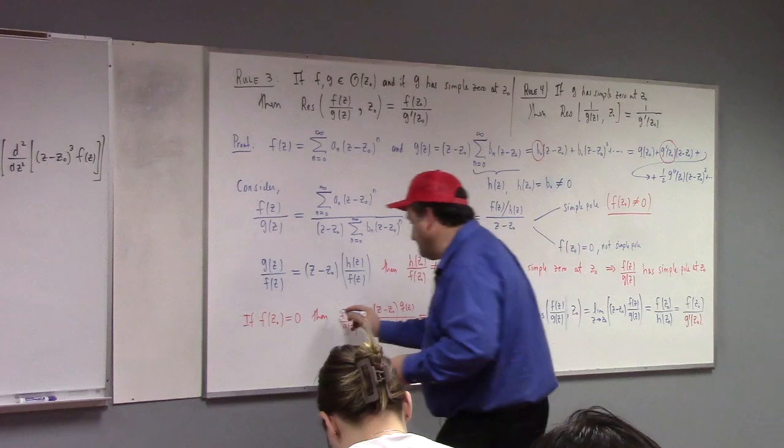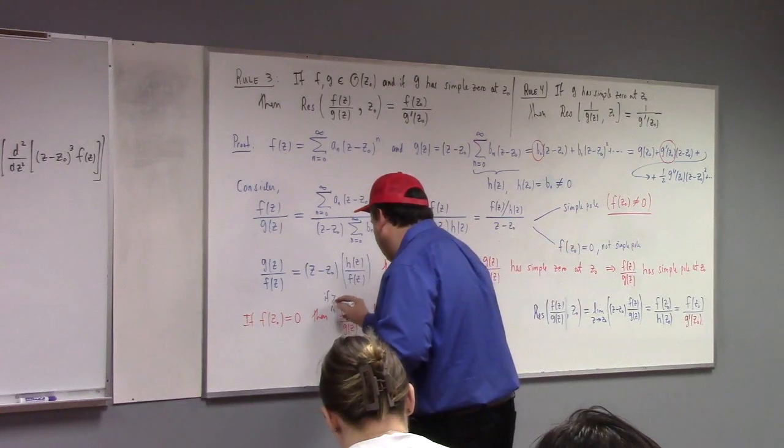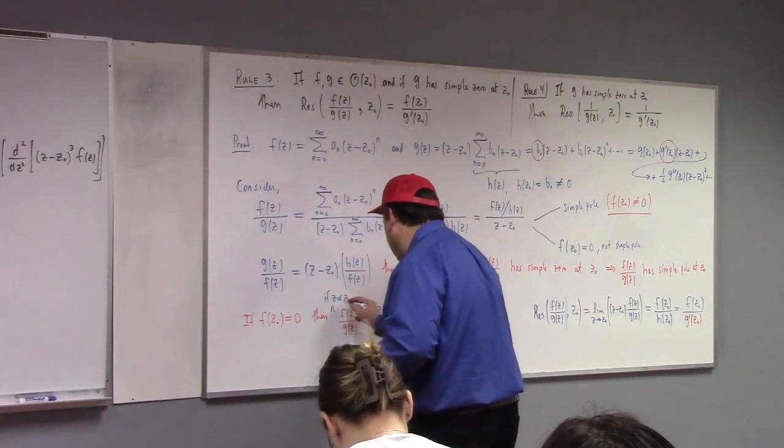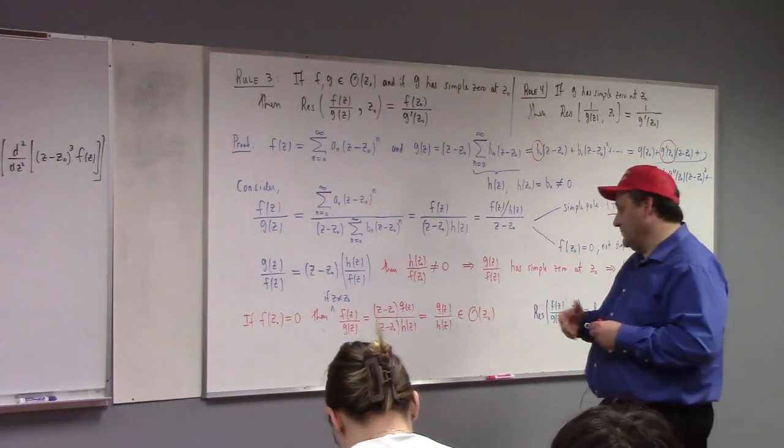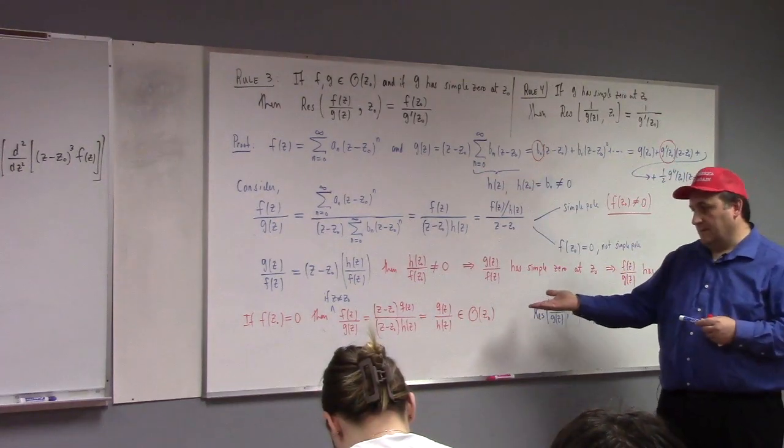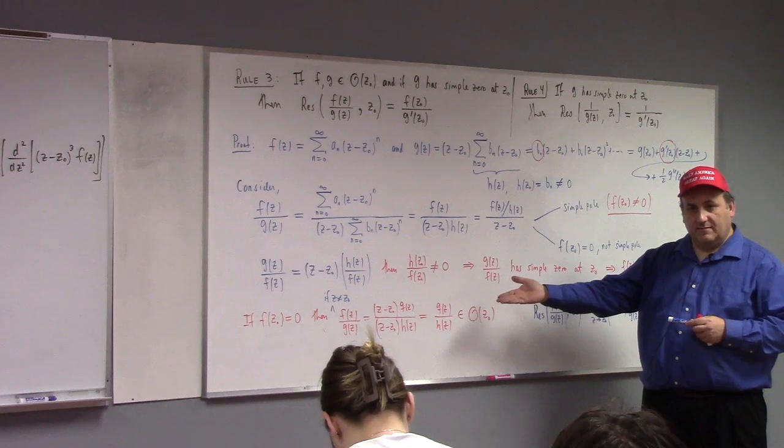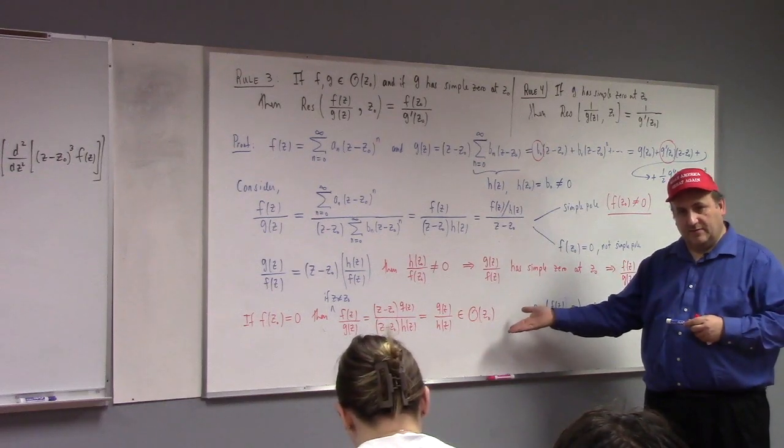So what does that all mean? That means that f of z over g of z is holomorphic at z naught. So what's its residue?